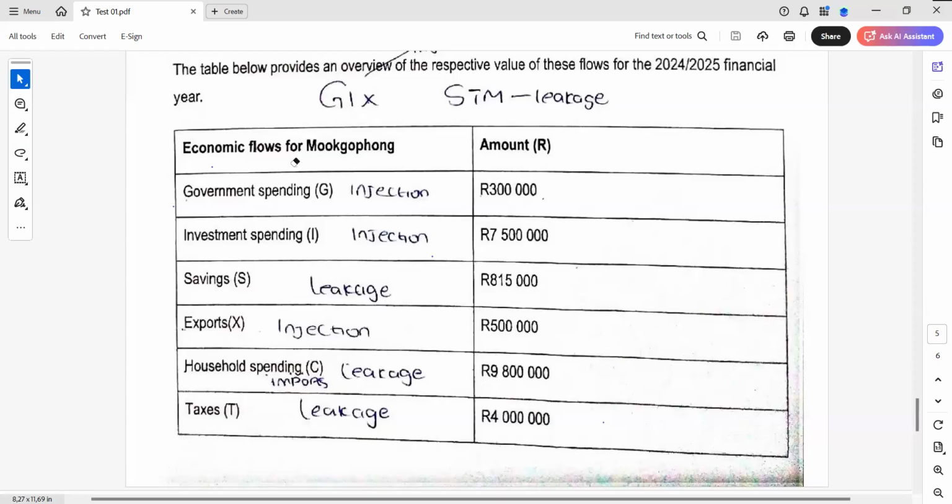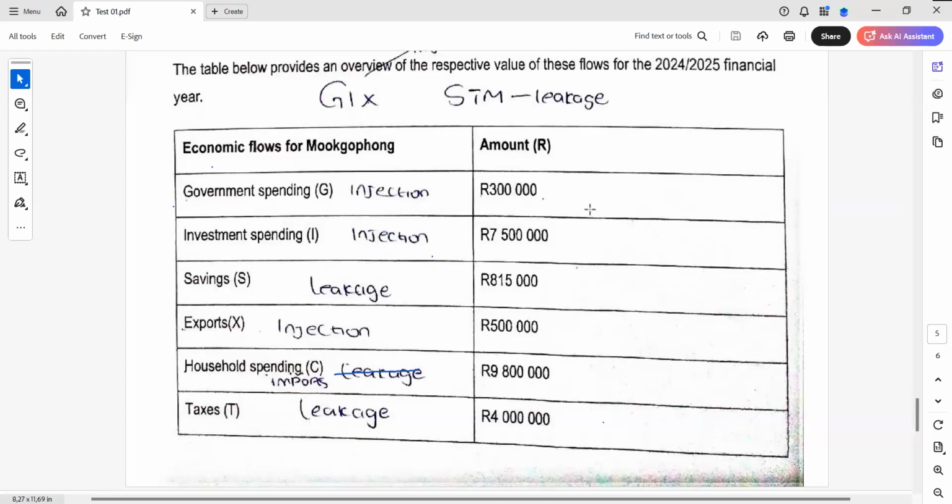Please don't write this. Don't be like me. So this one is an injection, right? Because households are spending their income within the economy, right? So this one is an injection. And then taxes, there's your T, are a leakage. So now it becomes easy to do the calculations.